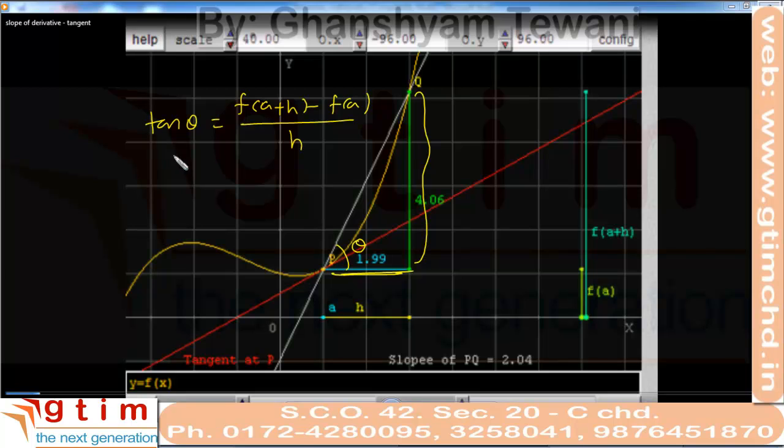But when h approaches 0, we have the limit as h tends to 0 of tan theta equal to the limit as h tends to 0 of [f(a+h) minus f(a)] upon h, and this is the value of the slope of the tangent to the curve at point P.